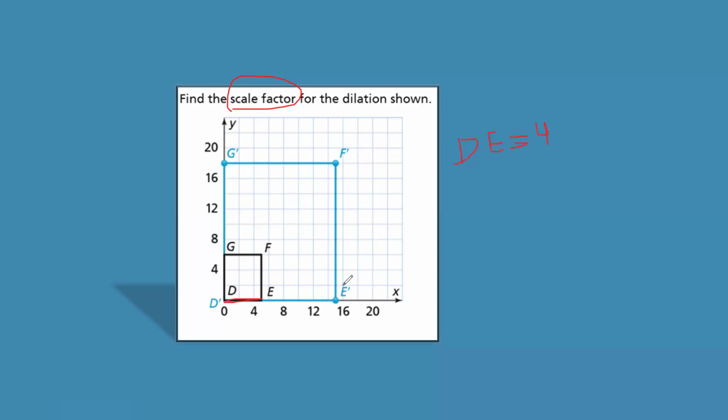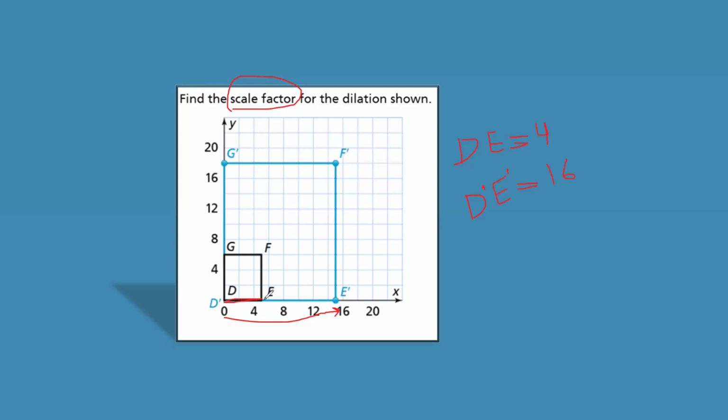DE. What about D prime? E prime. Start from 0 to 16. So the length of this side is what? 16. 2, 4, 8, 10, 12, 14, 15.